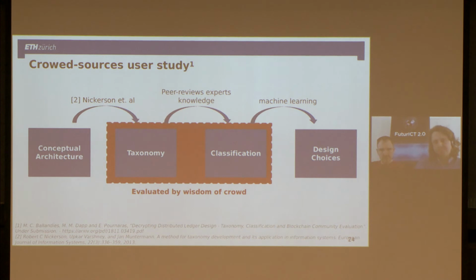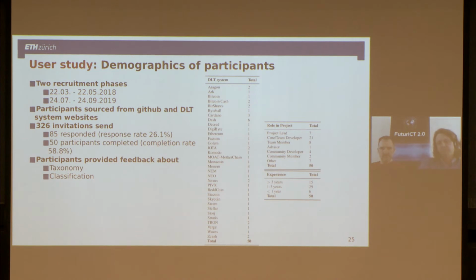Okay. So now we have this taxonomy and classification. And we wanted to evaluate it. So we used the user study and the wisdom of the crowd, basically, to give us some feedback and to inform us. And these were the demographics of the people we reached out to with our questionnaire.